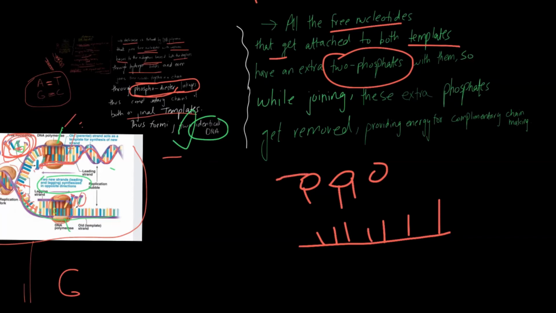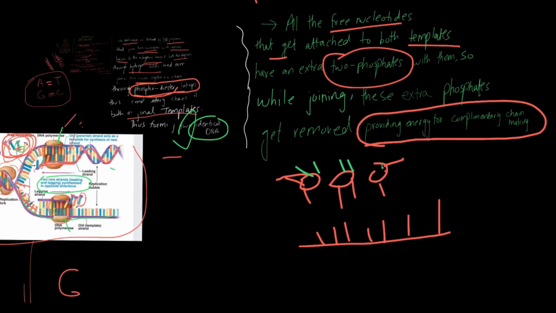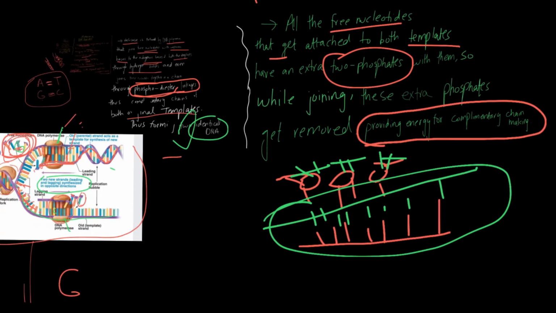Now these extra 2-phosphates get removed while joining into a strand. When anything gets removed, it provides energy, and they provide energy for the complementary chain making, right? For example, these are 2-phosphates, 2-phosphates, 2-phosphates. These 2-phosphates get removed, which provides them with the energy, and they join with the template chain with complementary bases and make another chain. Thus a new DNA is formed.